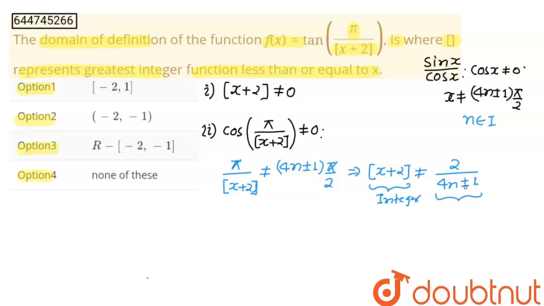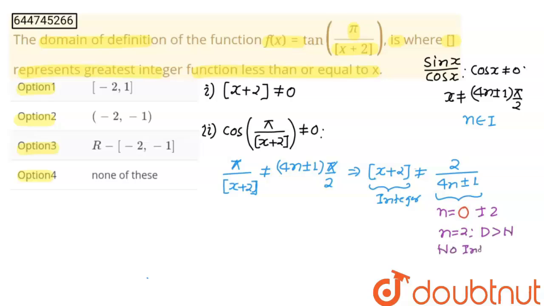So I'm going to find what integral values this can hold. This will give plus minus 2. These are integers. Now if we increase n to 2, the denominator will be greater than the numerator, so no integer.